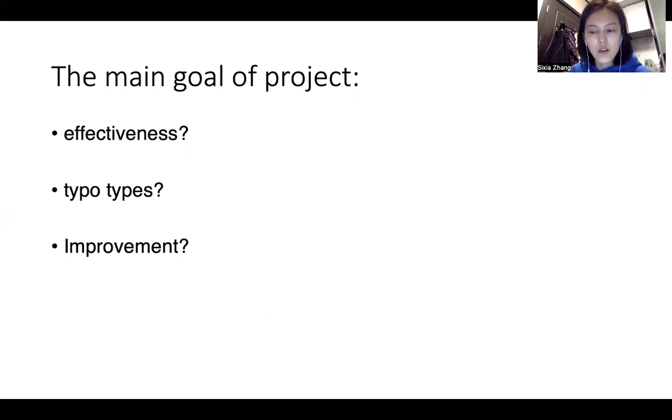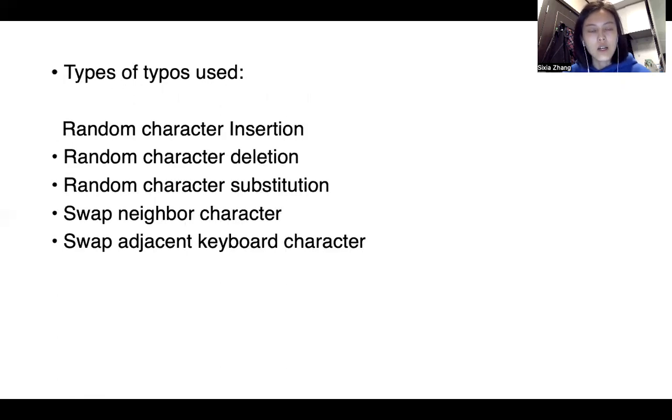Firstly, to reproduce the pipelines, there are three objectives. The first and the third can be combined: with or without the typo-aware training, is there any improvement between these two? And the second one is, are there any differences in effect between different types of typos in queries?